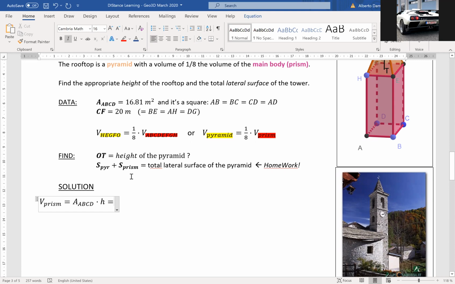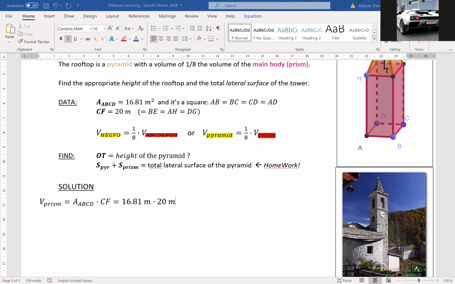And now I will populate the formula, okay? Instead of H, actually, I think it's better to write CF. It's more appropriate because H doesn't mean anything in this case. And then I substitute the numbers that I have into this formula, which is area of the base, 16.81 meters, times the height, which is 20 meters.